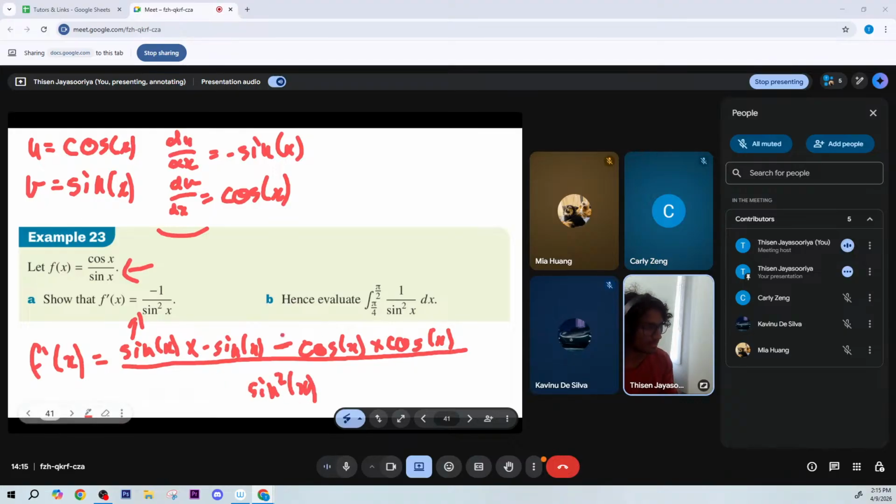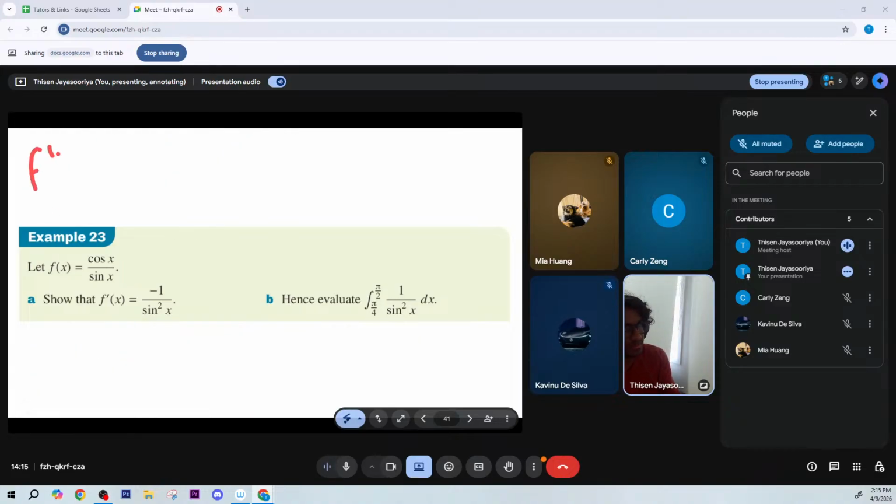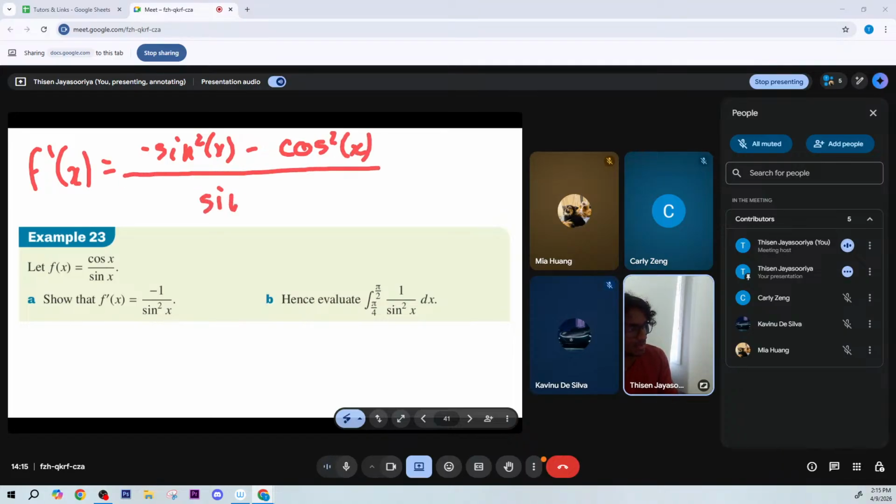Yeah? This whole expression simplifies down to f dash of x equals negative sine squared of x, take cos squared of x, over sine squared x.